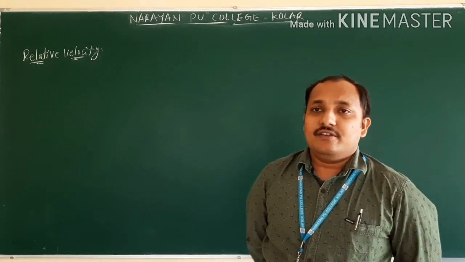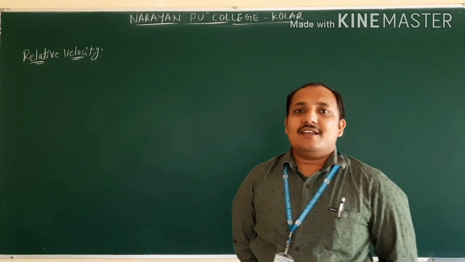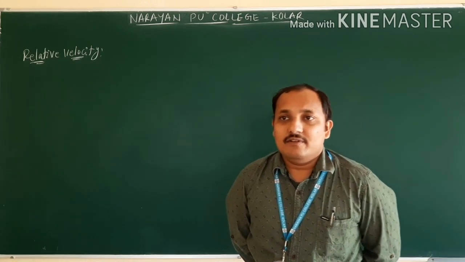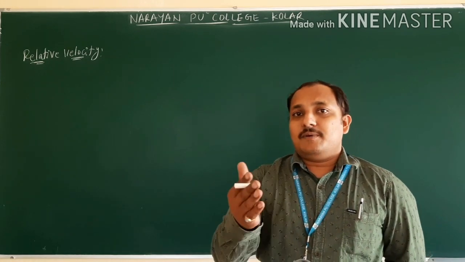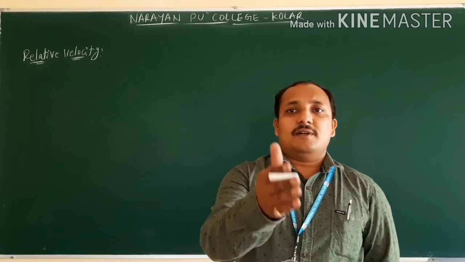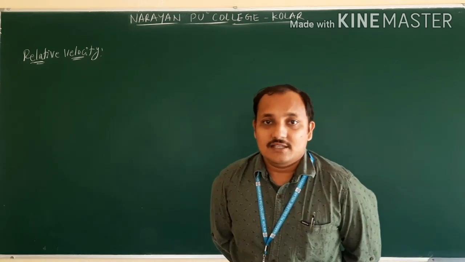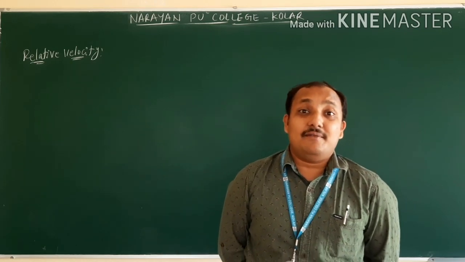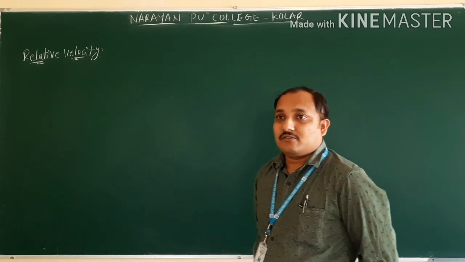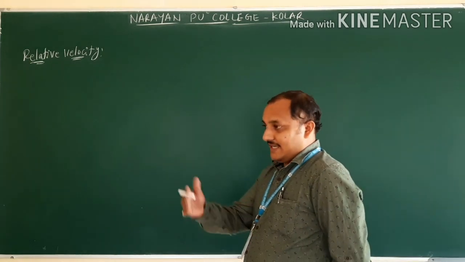Out of 25, you got 20. Then you got more marks or less marks. How we will say? We will compare with some x or y. So the person, if you are comparing with the person who got 15 marks, then you got more marks. The person who got 24 marks, if you compare with him, you got less marks. So you got more or less is depending on x or y.